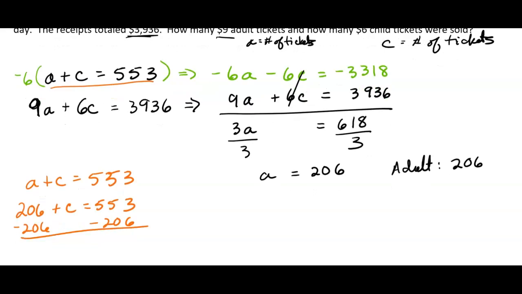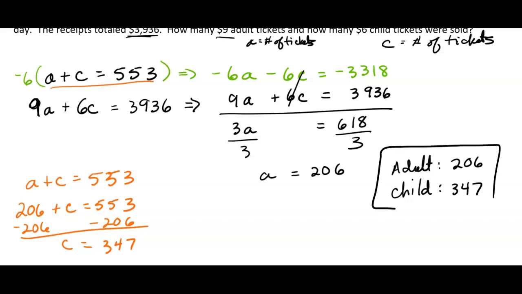And what do we get? C is equal to 347. Double check my math. Yeah, I think that's okay. So the number of child tickets sold was 347.